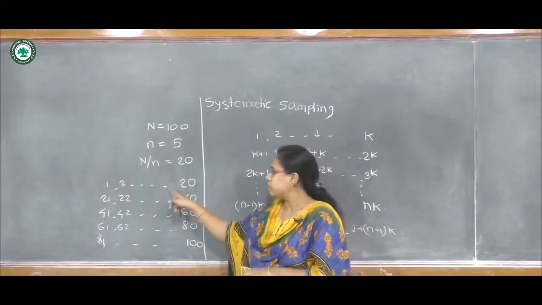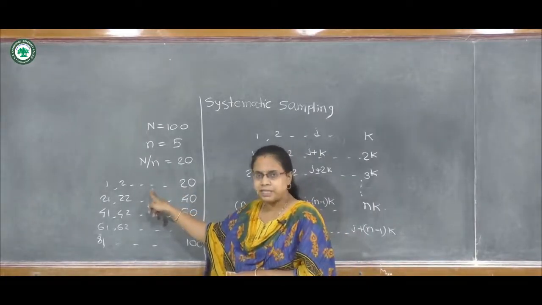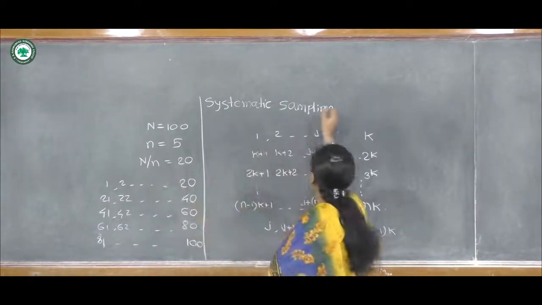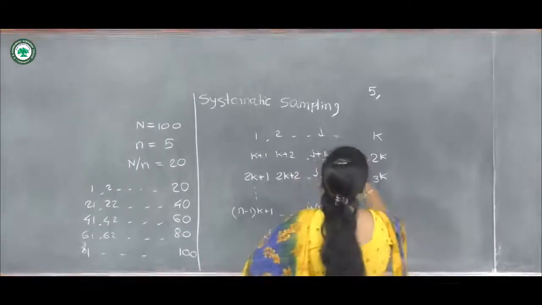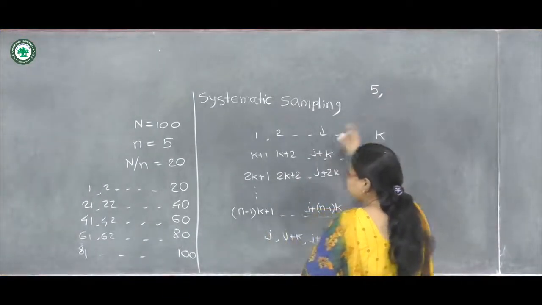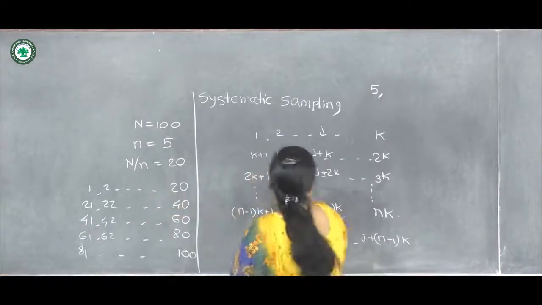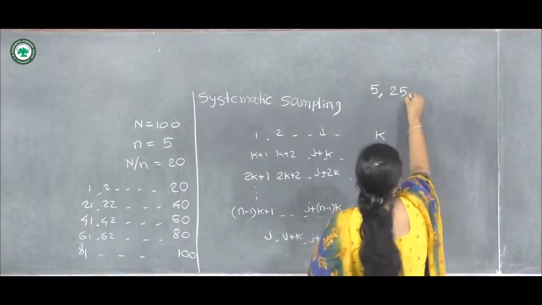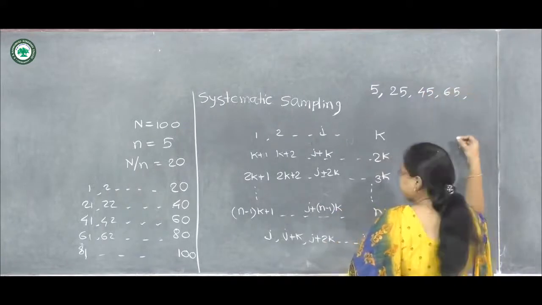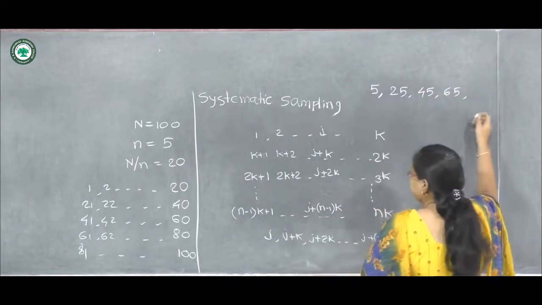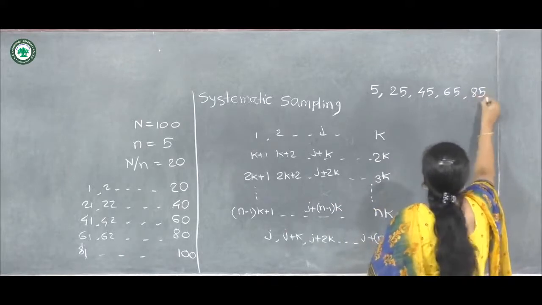Okay, suppose the 5th number is selected in my sample. So my first student will be number 5, then the second student will be number, so here we can see that it is 25, then 45, 65 and 85.